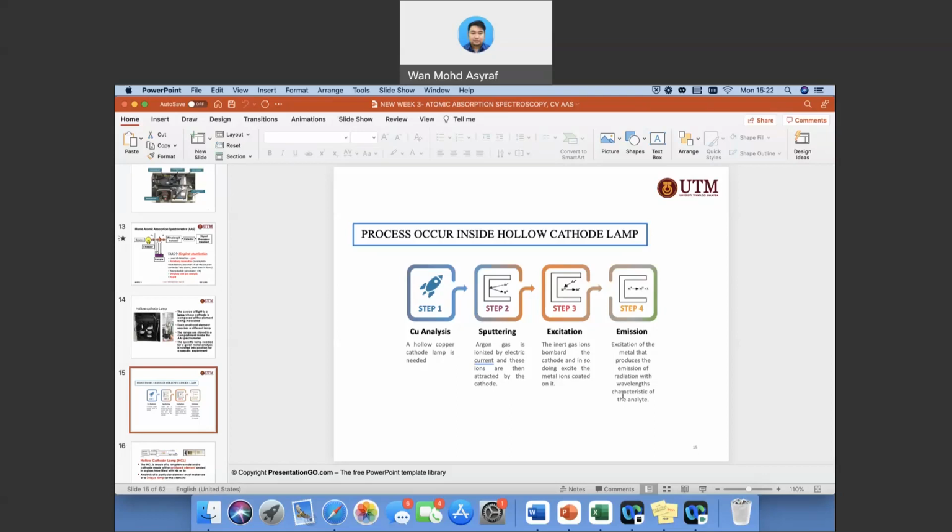The inert gas ions bombard the cathode, and in so doing excite the metal coated on it. So this bombardment of argon ions towards your metal would excite your metal.